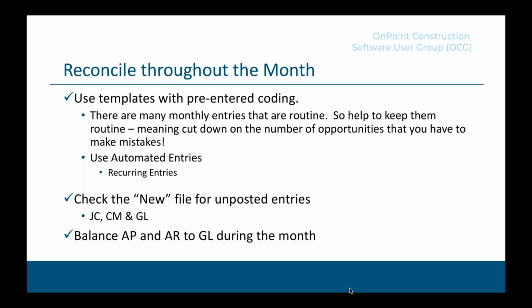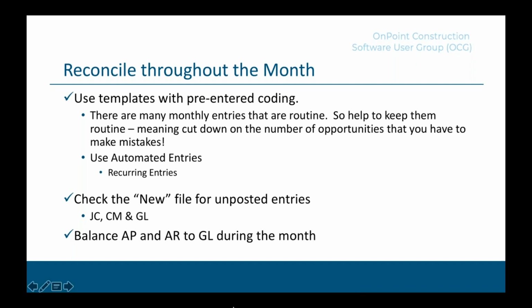But even if their dollar amount does change periodically, you can go in and change that dollar amount before you post that recurring entry for that particular month, and I'll post it with that new dollar amount.